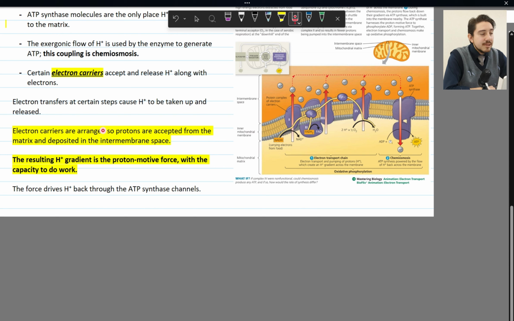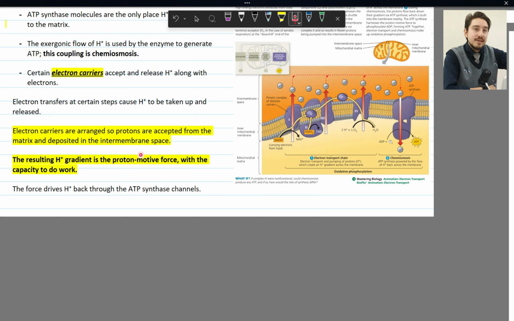Okay, this highlighted area is probably the most important that you need to know, right? Electron carriers are arranged so that protons can be accepted from the matrix and deposited into the intermembrane space, and that resulting gradient that is being created is the proton motive force.